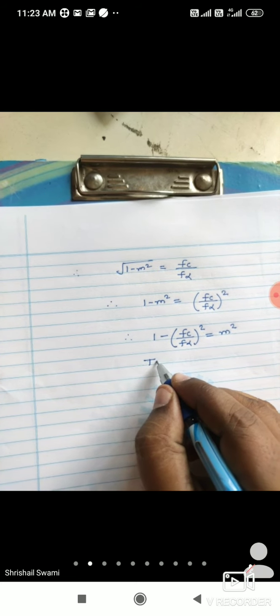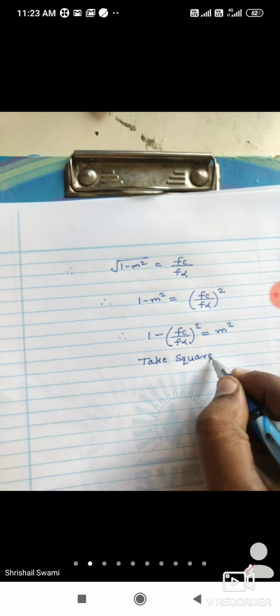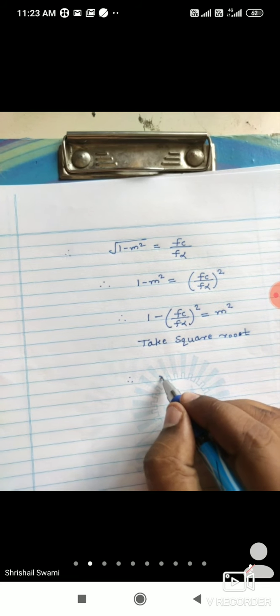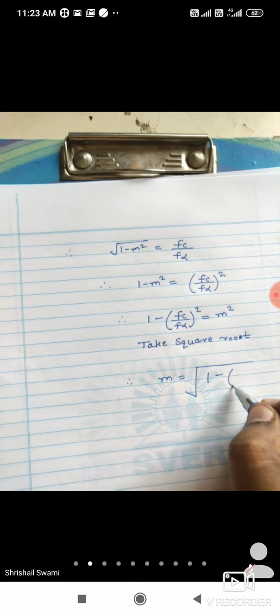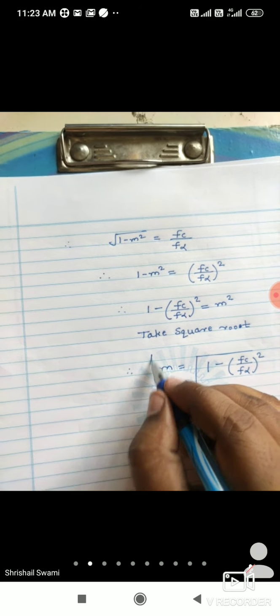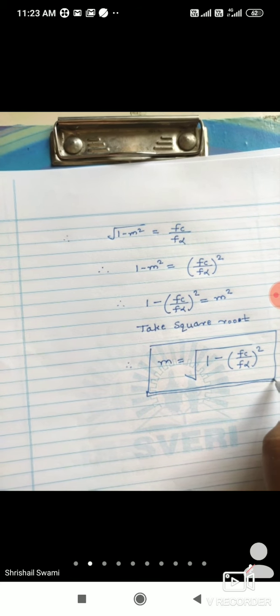Take square root on both sides. So what we are getting now, m is equal to under root 1 minus fc divided by f alpha bracket square. So this is the expression of m. This is the formula of m.